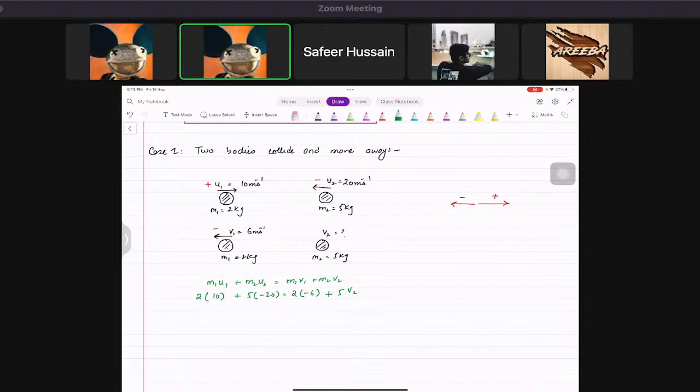So this becomes 20, this becomes minus 100, this becomes minus 12, plus 5V2. So minus 80 equals minus 12 plus 5V2, which gives minus 68 equals 5V2, and V2 comes out as minus 13.6 meters per second. What we need to understand is that this negative sign indicates V2 is going to the left. Do you guys understand this?